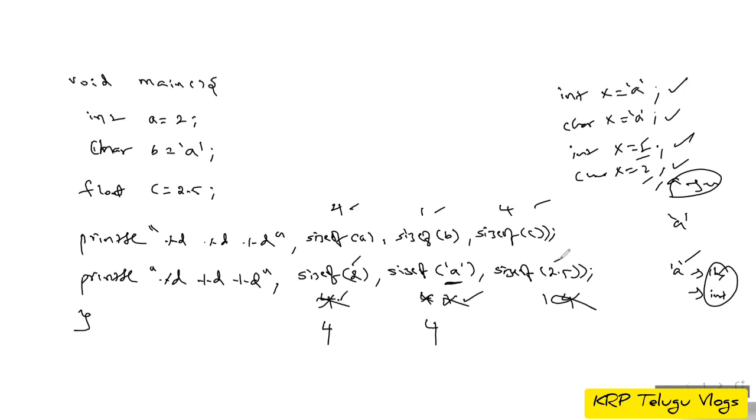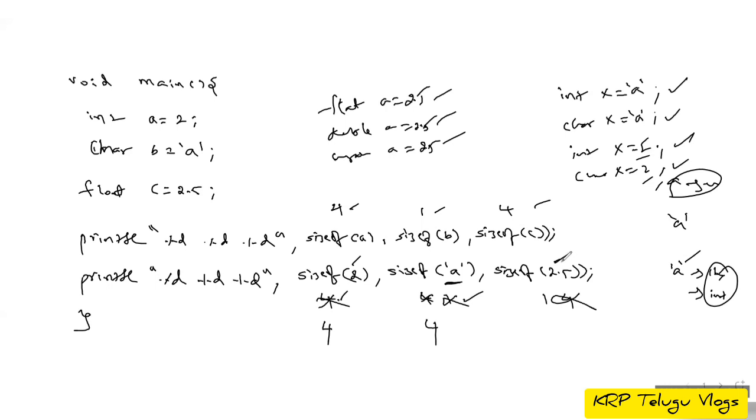So 2.5 can be given in 3 ways: float a is equal to 2.5, double a is equal to 2.5, or long double a is equal to 2.5. All of these represent floating point values. Here you have not specified whether it is float, double or long double, just the value 2.5.